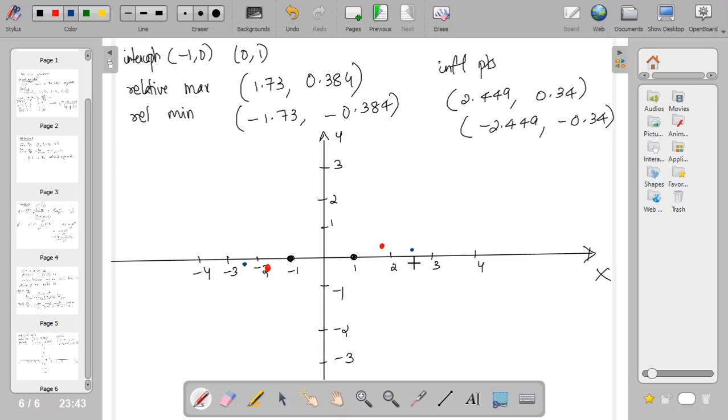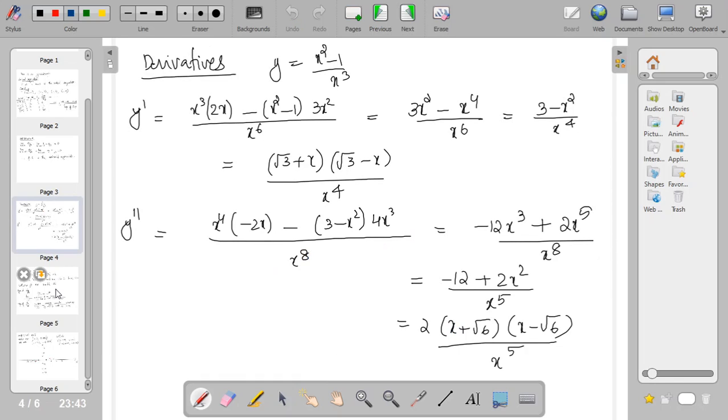And now let us join the points. Okay, so for that let us look at the behavior of the function.